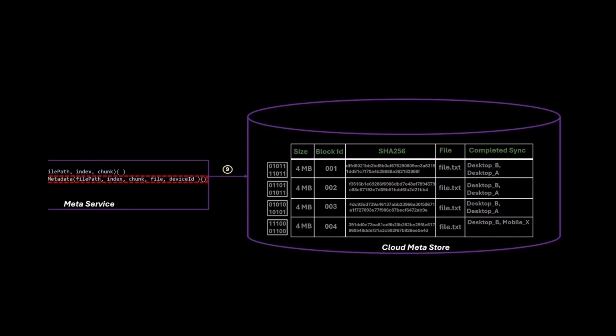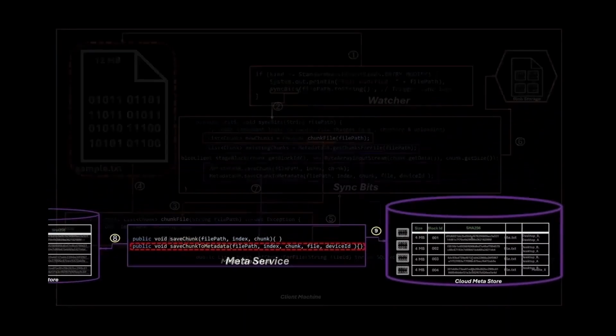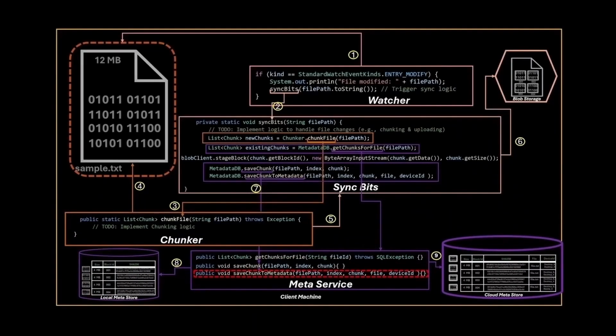As I said, we are seeing two extra columns, file and the completed sync details. These details will come into the picture when we discuss the notification service. And that's how the data in the cloud meta store would look once the chunks are saved one by one inside the cloud meta store. And that's how the detailed high level architecture would look.